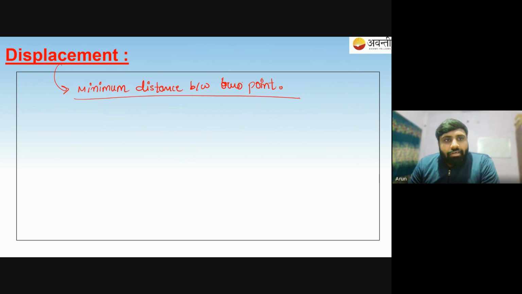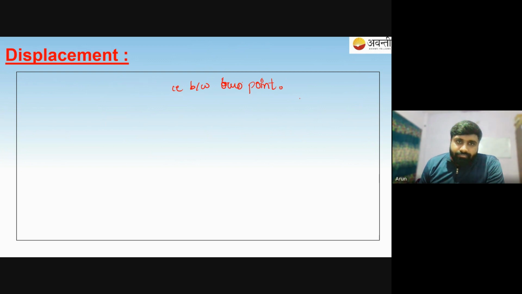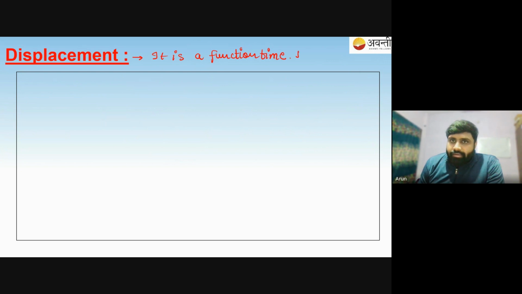The complete information about displacement is that displacement is a function of time that measures the change in a physical quantity with respect to time.